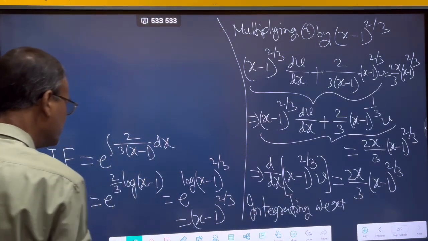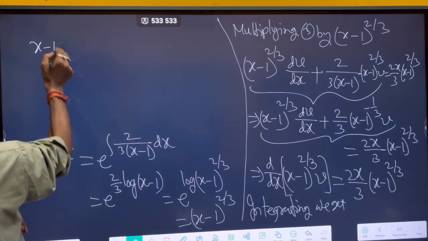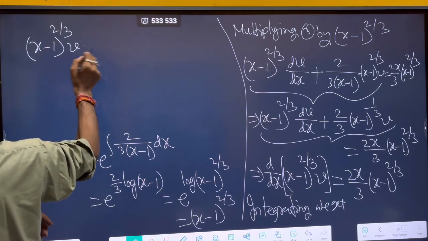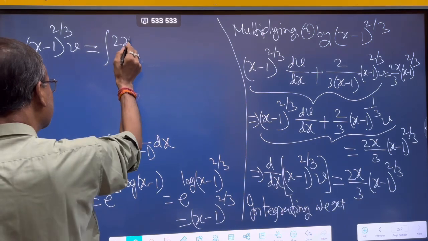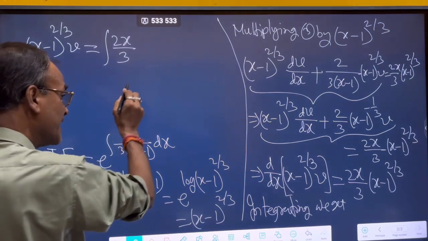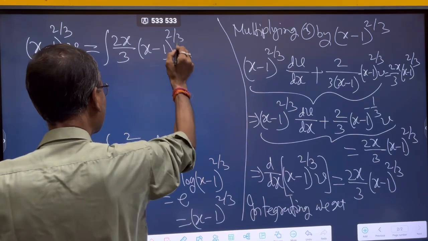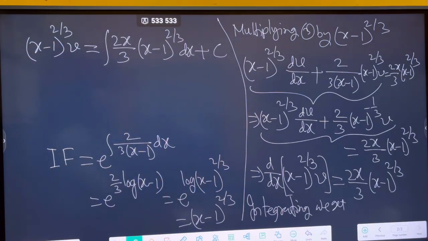We get x minus 1 whole to the power 2 by 3 into v is equal to the integration of twice x by 3 x minus 1 whole to the power 2 by 3 dx plus the constant of integration.